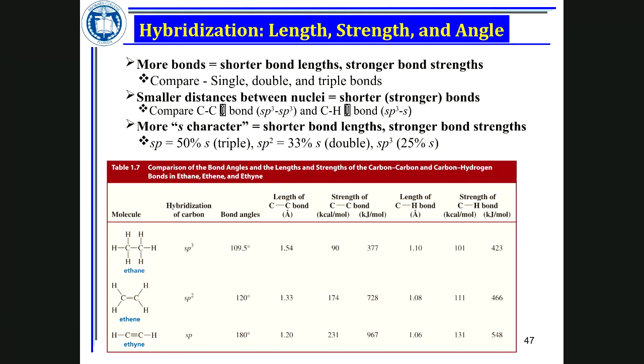The single bond versus double bond versus triple bond. Can you tell me which one is stronger? B or C? Which one is a stronger bond? C is a stronger bond. Okay. Which one is the shorter bond?